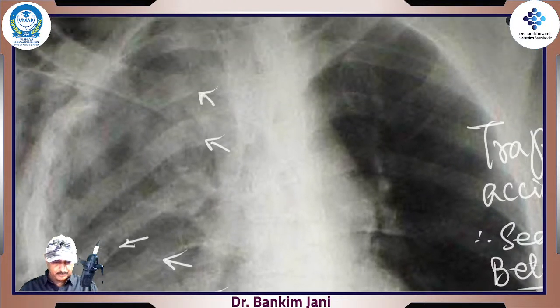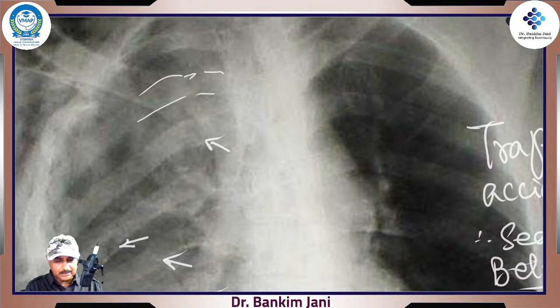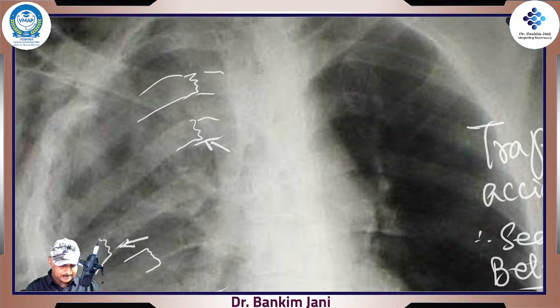Pretty zoomed. See, first one. This is the margin of rib, and over here, this is the break. The other broken piece is lying like this. This is the break. See this one, it is even displaced. This is one piece, and this one is the second.